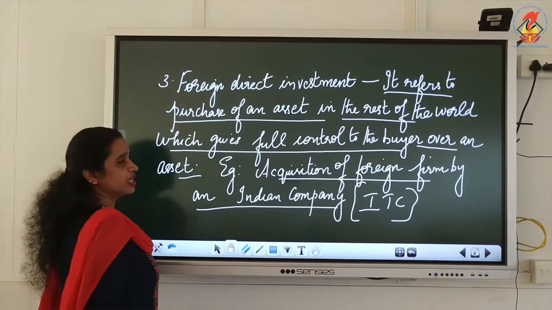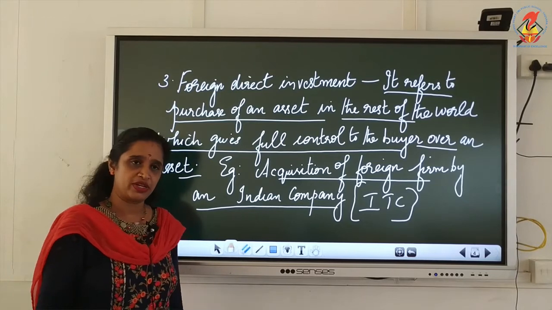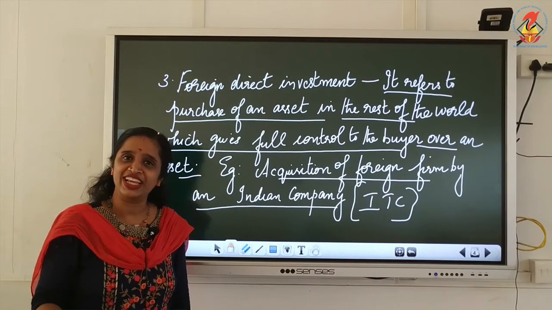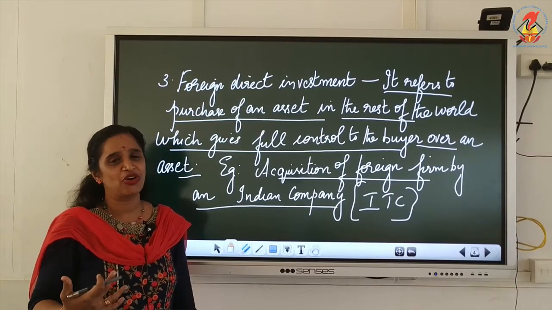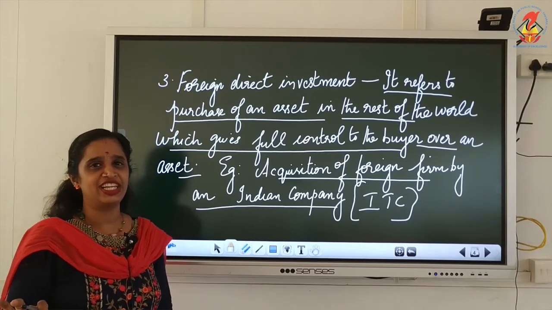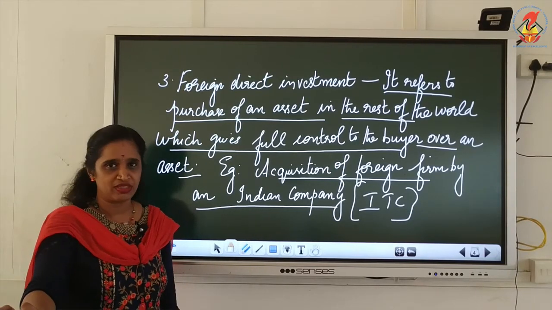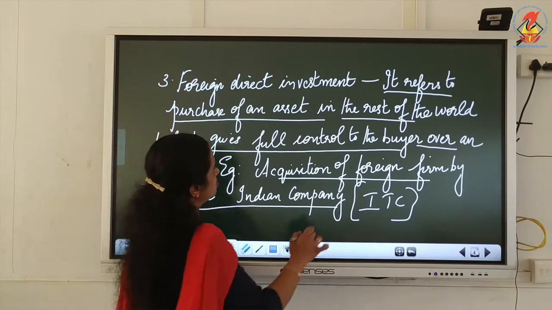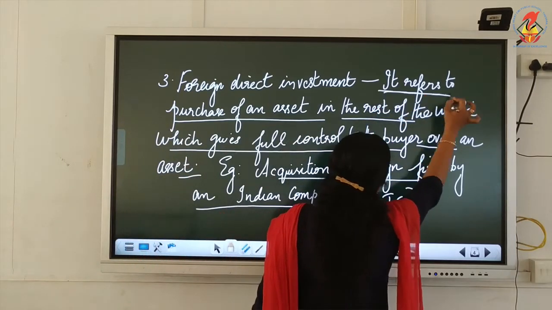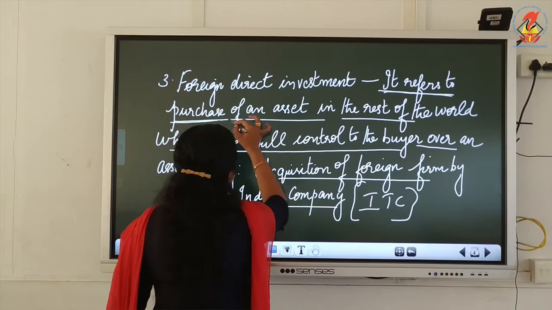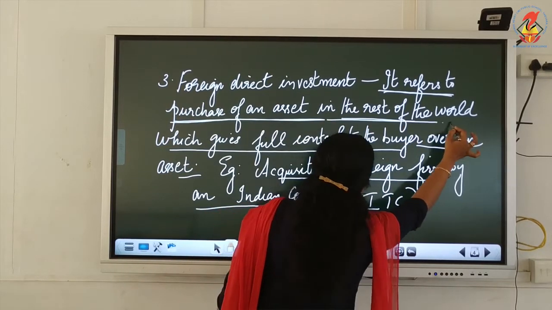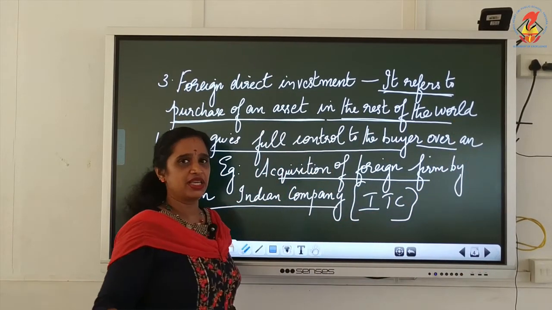What is meant by foreign direct investment, which is also known as FDI? You might have heard the short form of foreign direct investment, FDI. Let us be familiar with the topic and the concept. What is foreign direct investment? It refers to purchase of an asset in the rest of the world. What is meant by that?